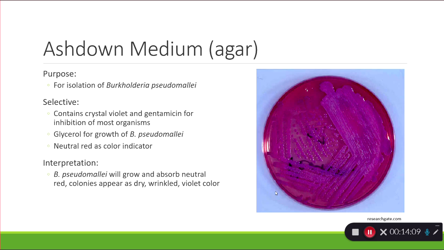So the Ashdown agar is for the isolation of Burkholderia pseudomallei. It contains crystal violet and gentamicin for the inhibition of most organisms, and it's got glycerol for the growth of B. pseudomallei. Neutral red acts as a color indicator. So as you can see on here, B. pseudomallei will grow and absorb neutral red and become dry, wrinkled, in a violet color.